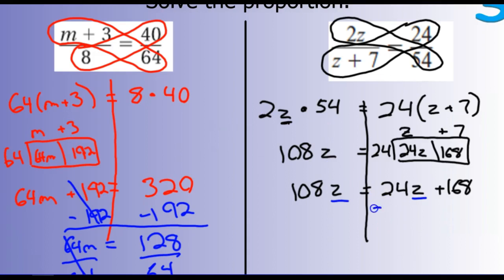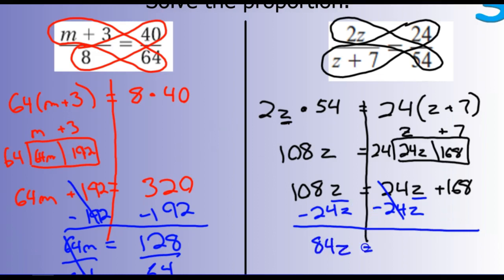Because this is positive, I'm going to subtract 24z from both sides. So that's going to give me 108 minus 24, which equals 84z equals 168.